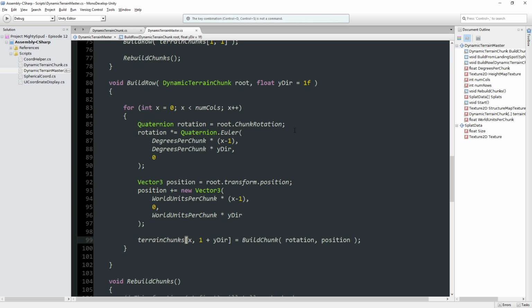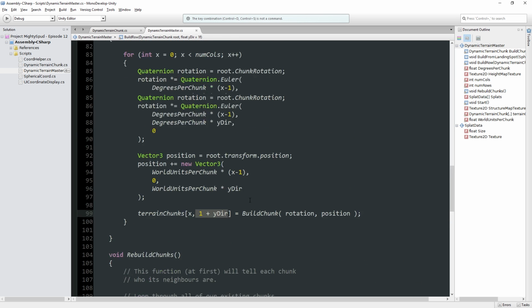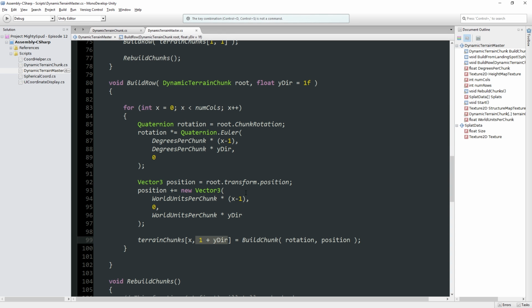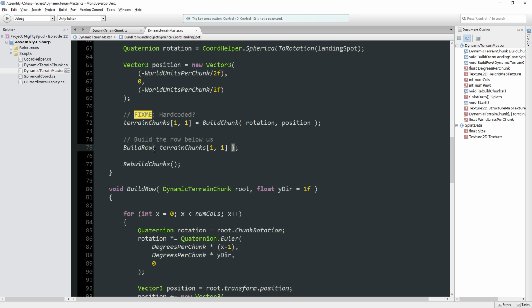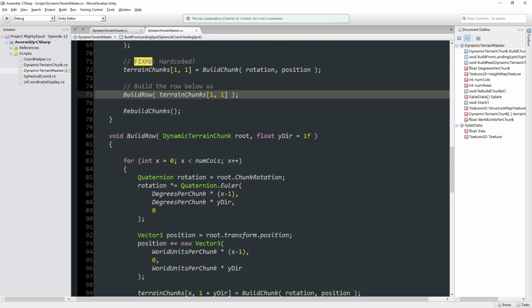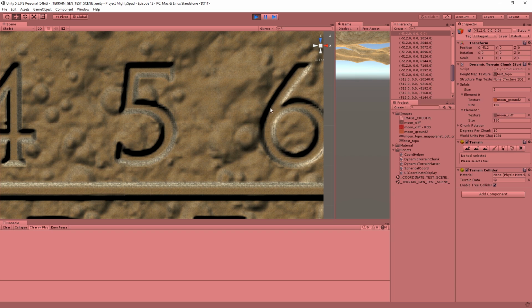Again, lots of hard coding here, but you've got to remember, if y dir is equal to positive 1, then this will actually be a 2, so that's below us. And if y dir is equal to negative 1, then this will be a 0, so it'll be above us, or vice versa. Again, one of these signs is almost certainly inverted. But there we go. So what we should end up with now is one chunk in the center and then the row below or above it in some fashion.